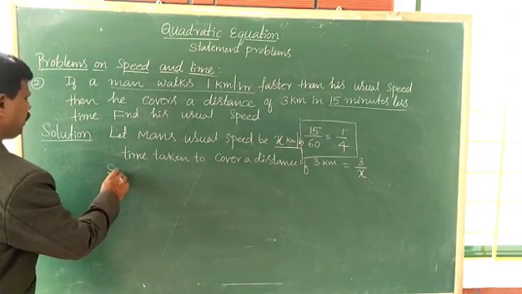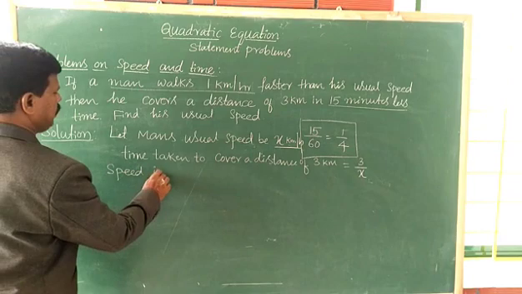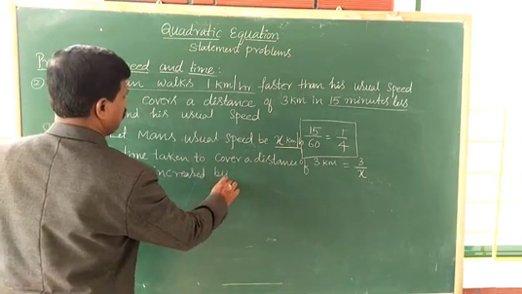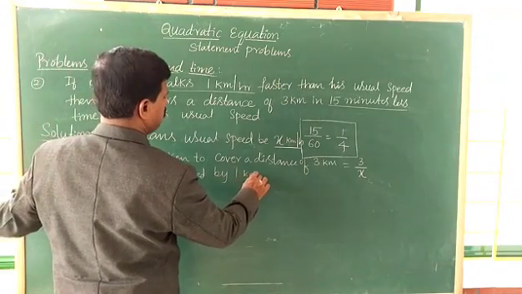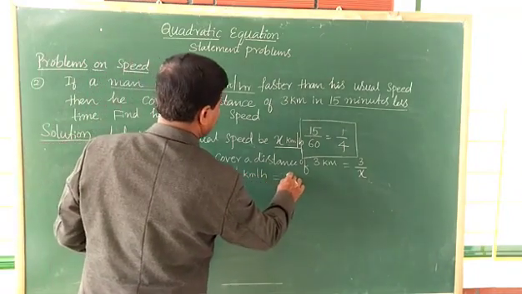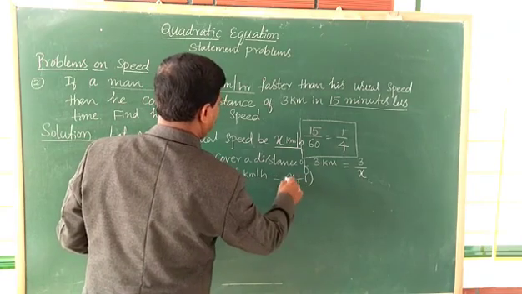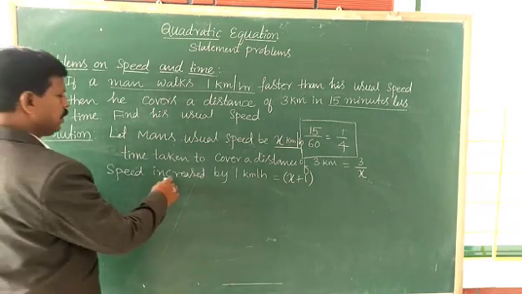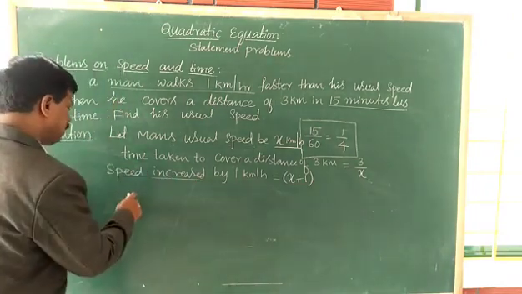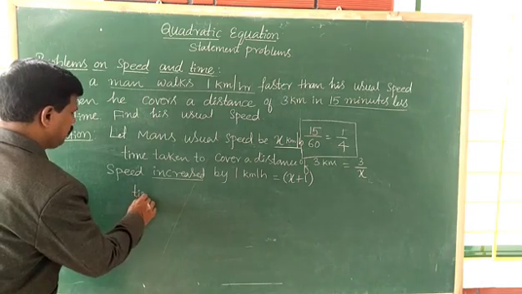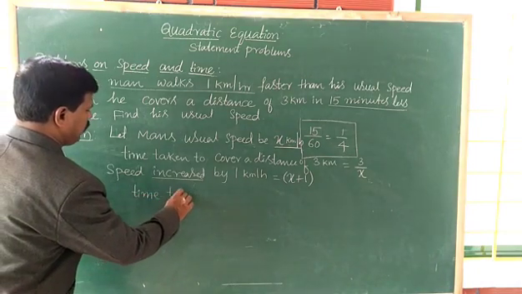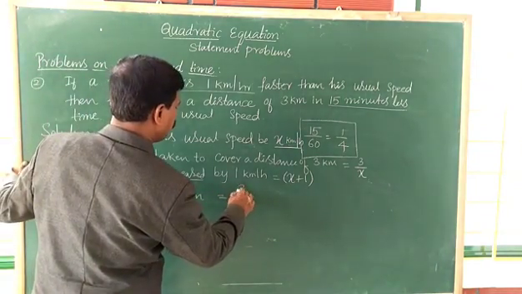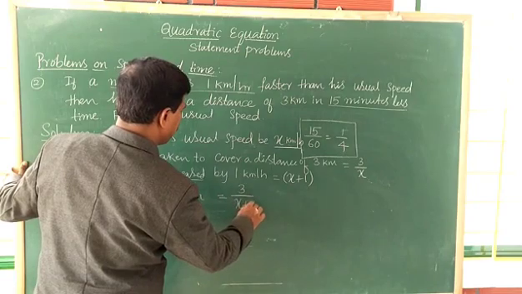Now speed increased by 1 kilometer per hour, that is x plus 1. This is the increased speed. Now for increased speed, time taken equals 3 by x plus 1.